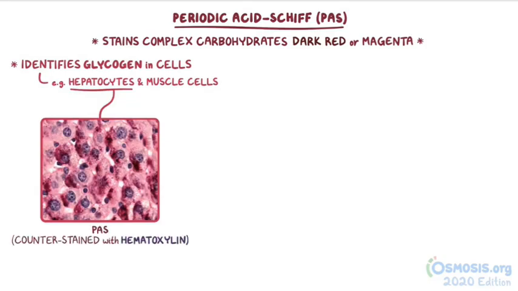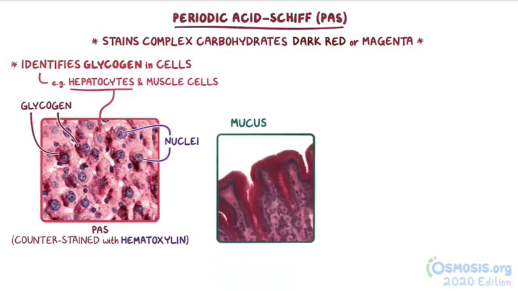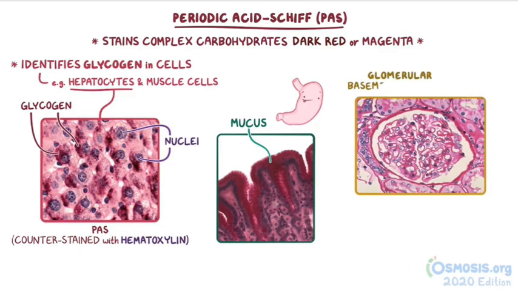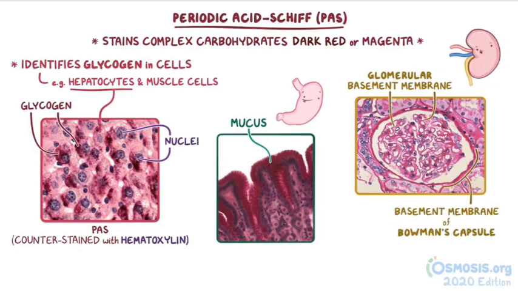This allows us to see the dark magenta glycogen, as well as the nuclei of the hepatocytes, which are stained purple with hematoxylin. The sugars found within mucus are also stained well by PAS, such as the mucus found lining the stomach, which is intensely stained a dark magenta in this image. The PAS stain will also stain connective tissue and basement membranes, such as the glomerular basement membrane and the basement membranes of Bowman's capsule found in the kidneys.